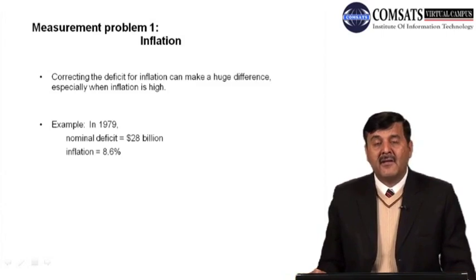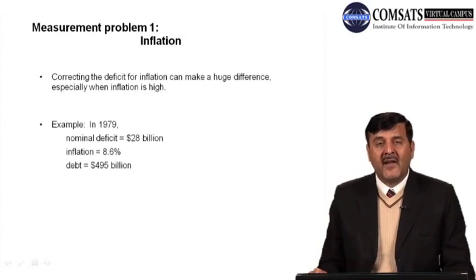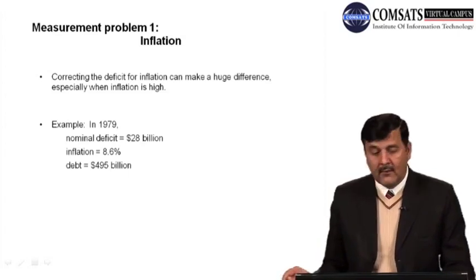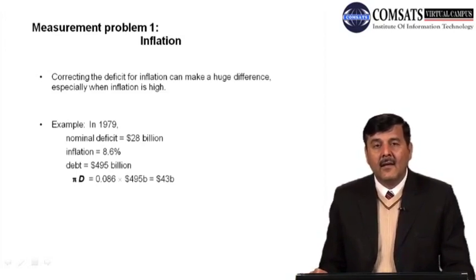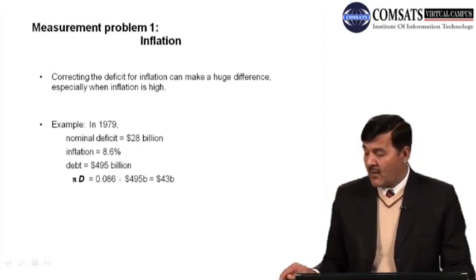Inflation rate in that particular time was 8.6%. Debt at that time was 495 billion US dollar. Now pi d, which is the corrected inflation for debt, is 0.086 into 495, which is equal to 43 billion US dollar.